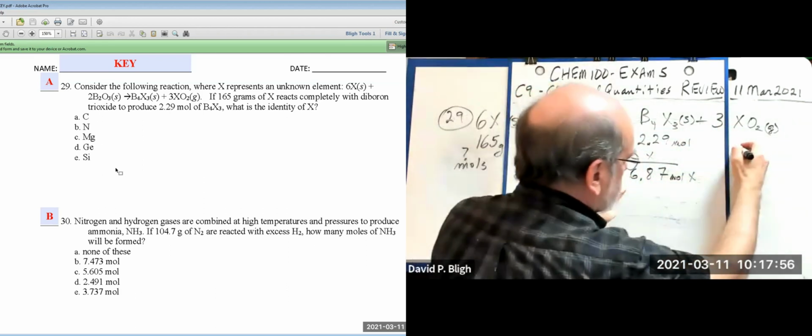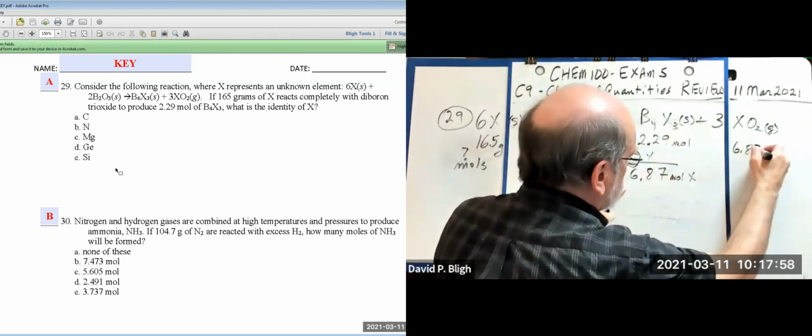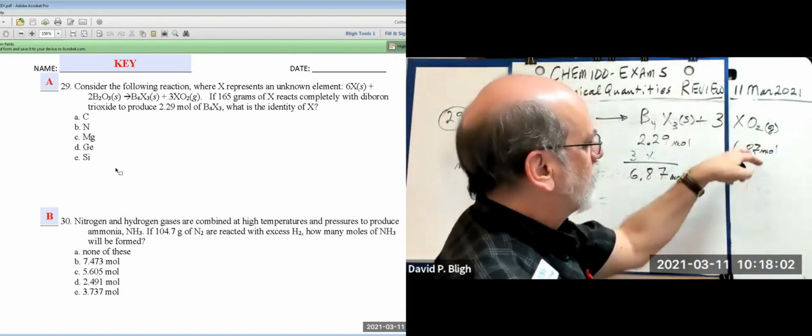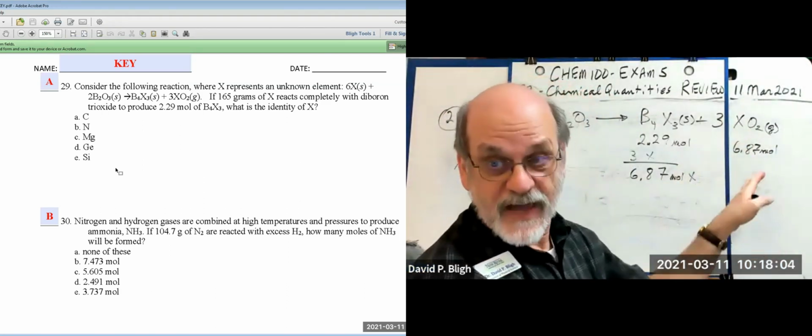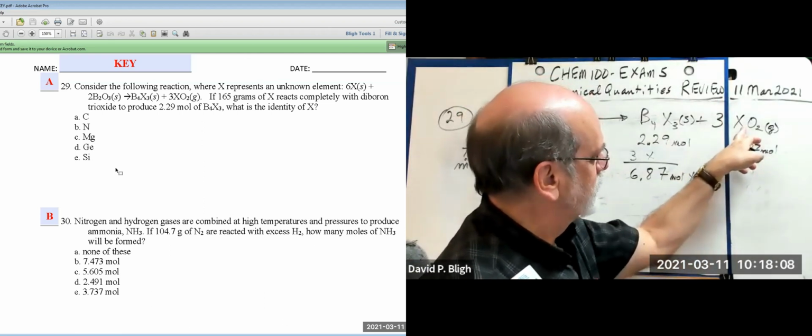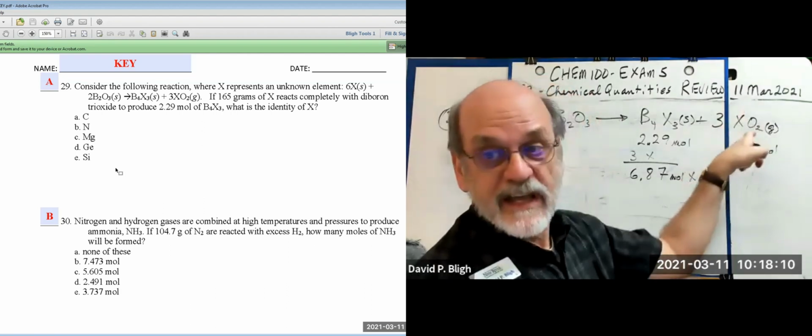We've already done that calculation, 6.87 moles of that compound. How many moles of X is it? Well, it's the same, right? You got 6.87 moles of this and 1 mole per each.